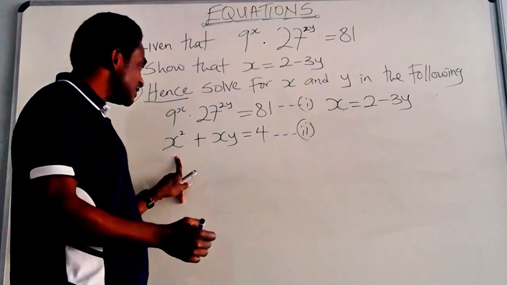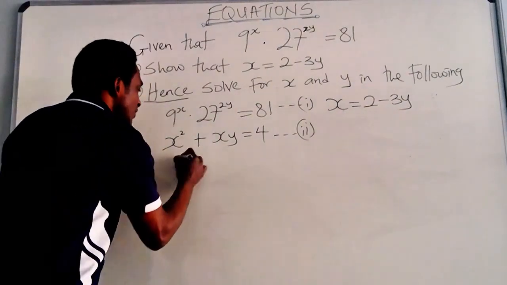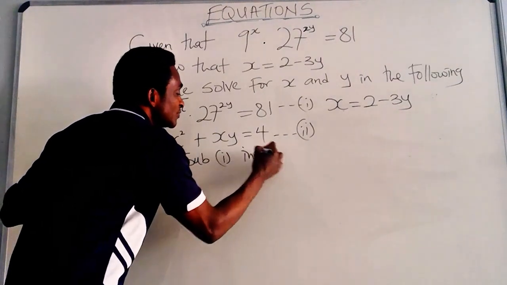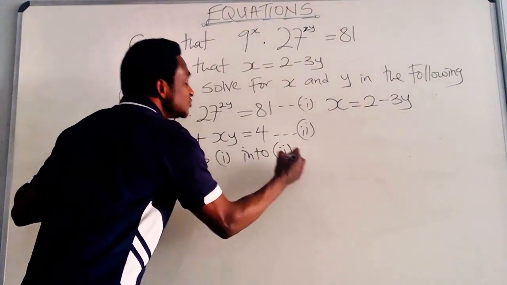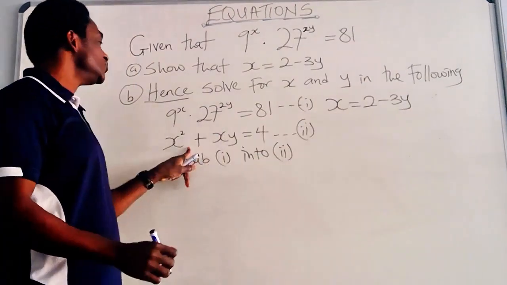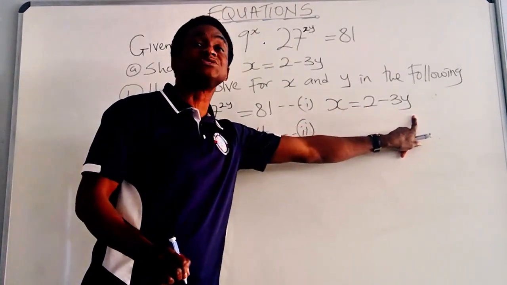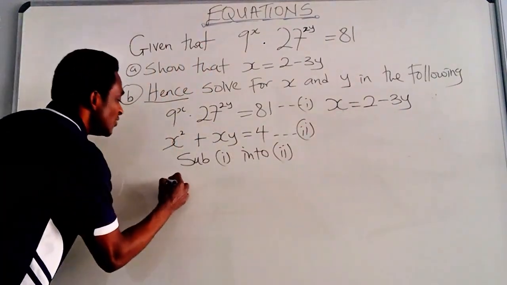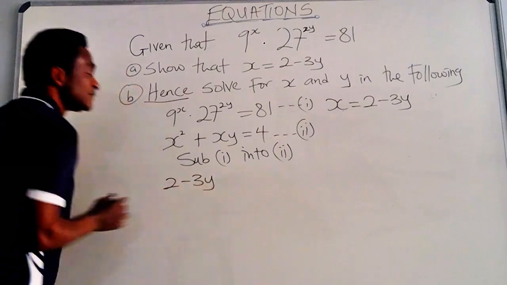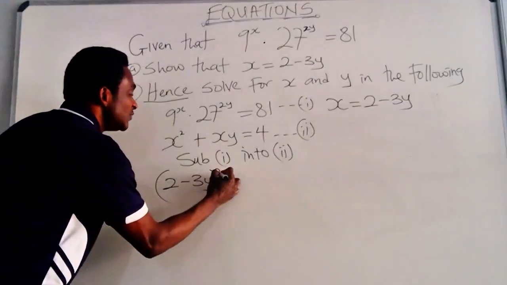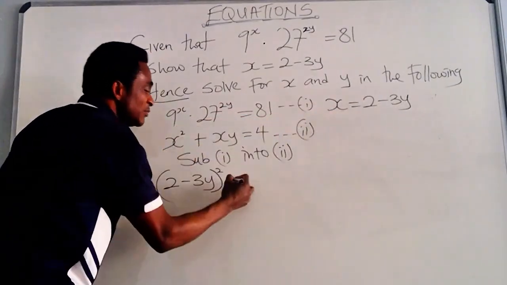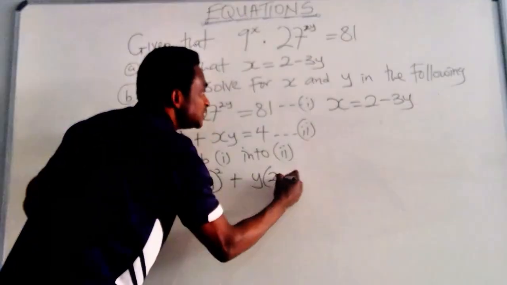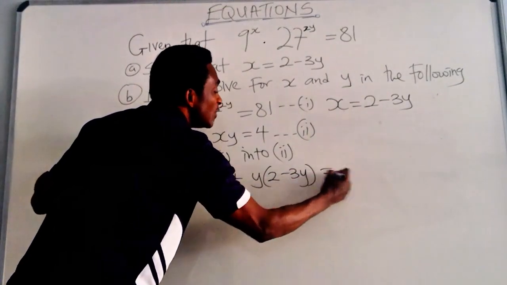That means anywhere we see x in equation 2, we replace it with 2 minus 3y, because that is what x is equal to. So here we have (2 minus 3y) all squared for x squared, plus y, and then we replace x also, which is 2 minus 3y, equals 4.